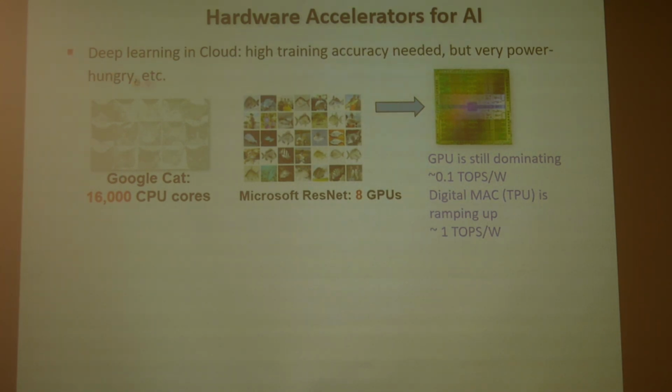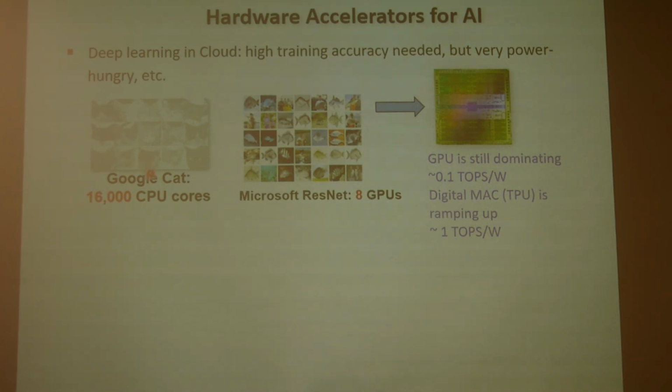One is deep learning in the cloud. Since the deep neural network requires a lot of computational resources, a huge amount of training data, and high precision training, typically it's trained in a cloud cluster that consists of many GPUs.